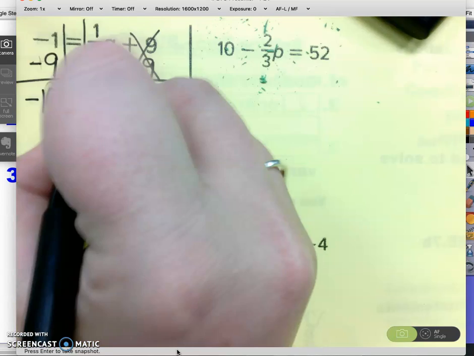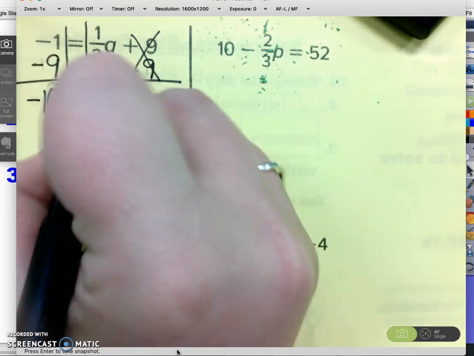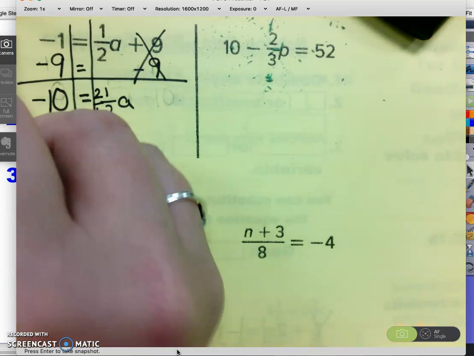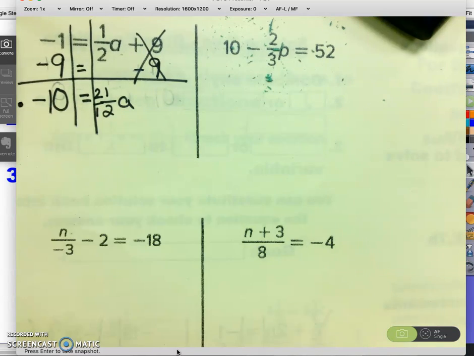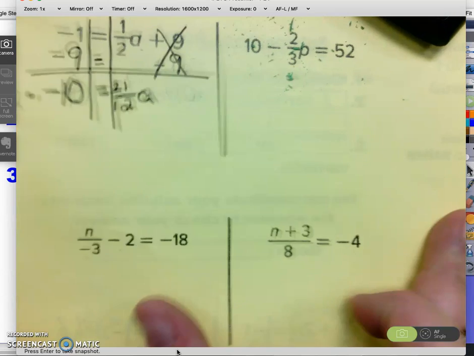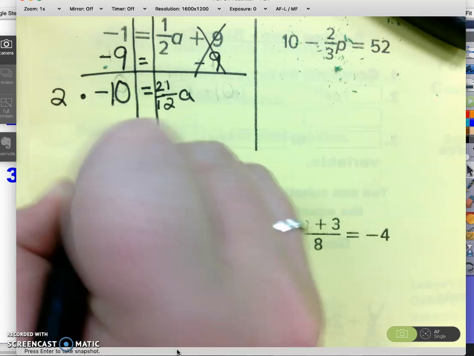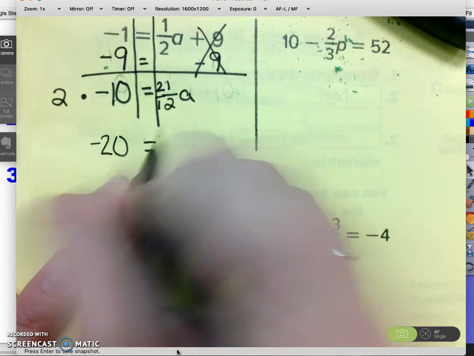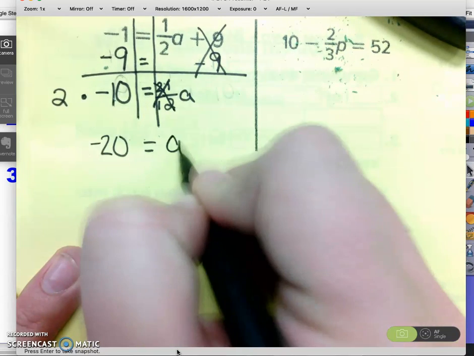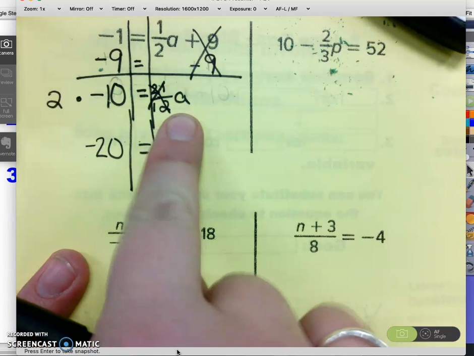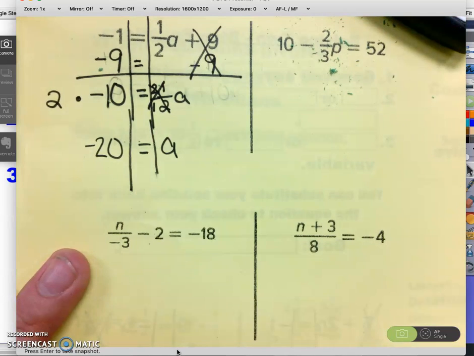The reciprocal. We're going to flip it and multiply both sides by 2/1, which is just 2. So 2 times the -10 is -20. These go away, and I just have a left. And now, what is half of 20? 10, right? Or -10.